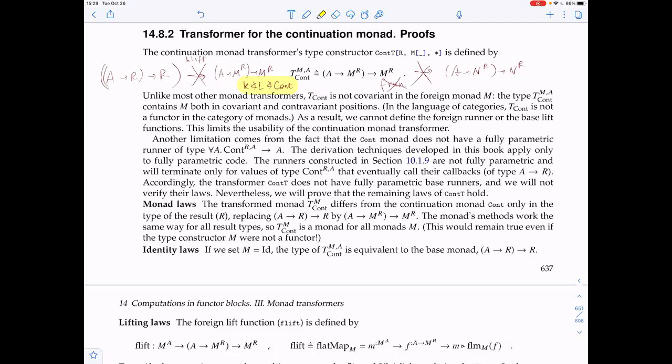You would not be able to lift computations in the continuation monad into that stack. And so, in some sense, you're not able to combine computations anymore. So the workaround is to put the continuation monad always at the end of the stack, at the deep end of the stack.